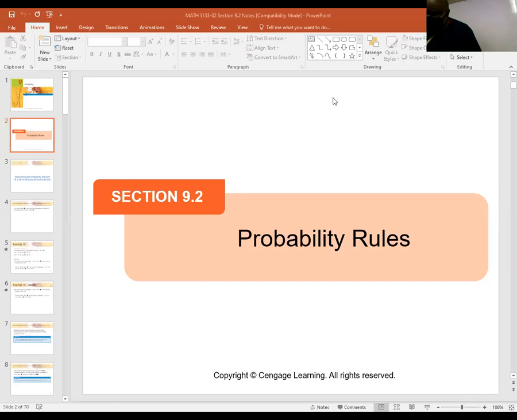All right, in section 9.2, we're going to be dealing with the rules that are related to probability. So here we're going to be talking about the probability of event A or B when you're dealing with mutually exclusive events, and also for any events A or B, whether it's mutually exclusive or not.